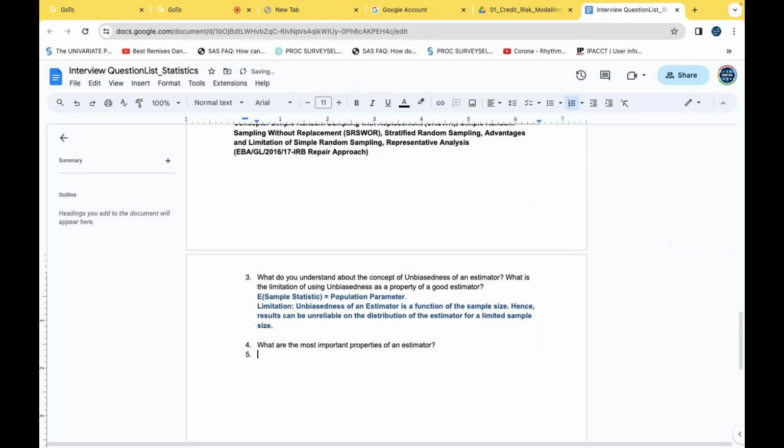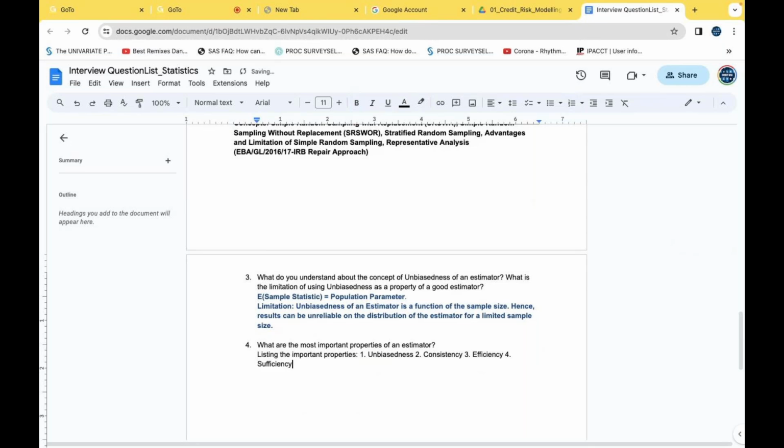So whenever you are asked this question, you start by listing the important properties. They are unbiasedness, consistency, efficiency, and the fourth is sufficiency, sorry. Sufficiency.